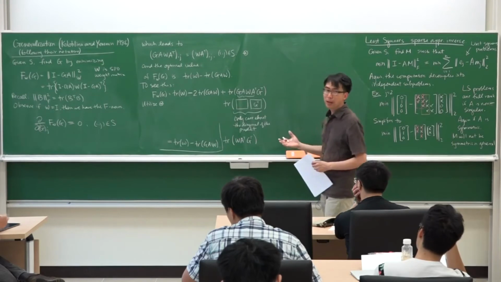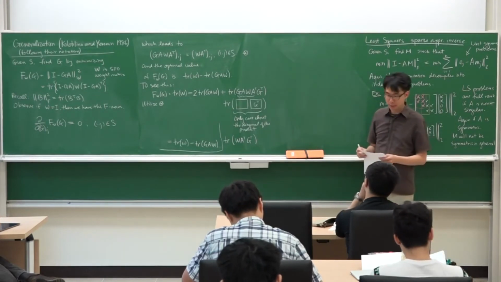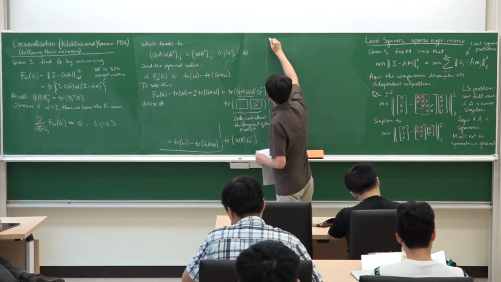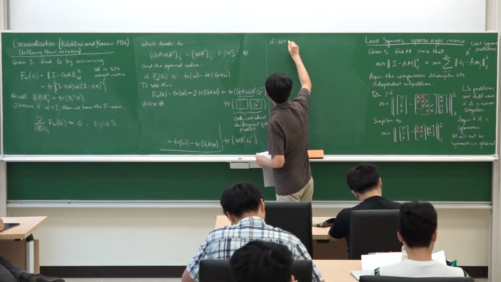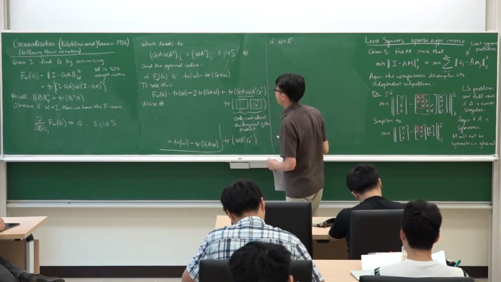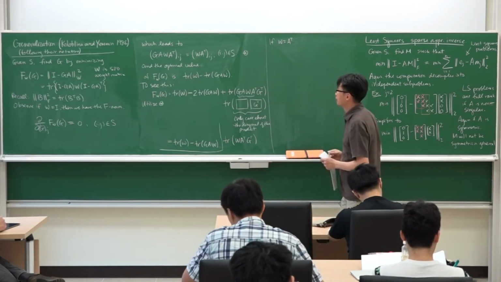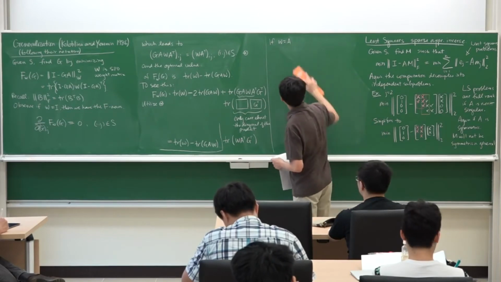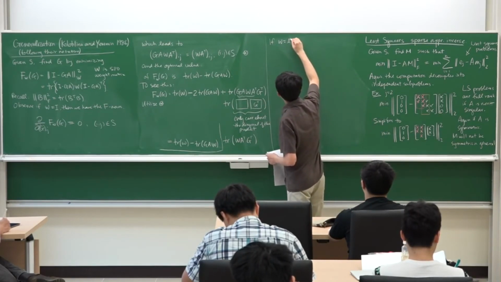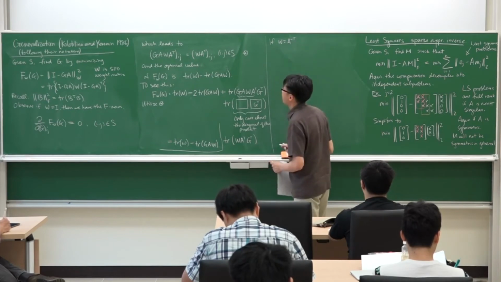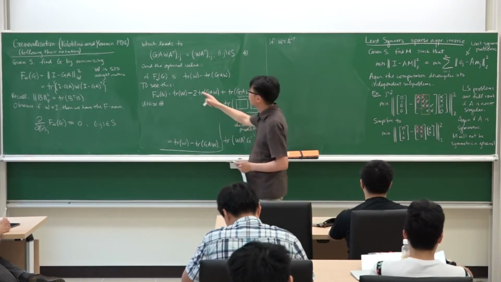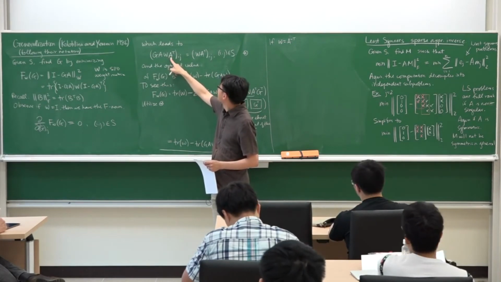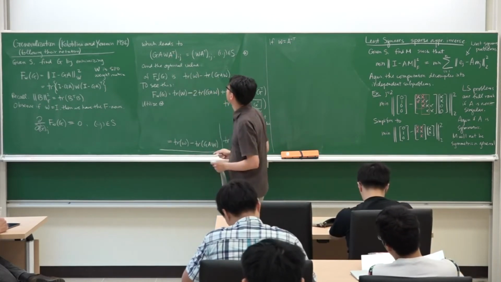So now let's look at what we have when we choose W in different ways. If W is equal to, not A transpose, A inverse transpose. Okay, so we put W equals A inverse transpose. Then this goes away, right?